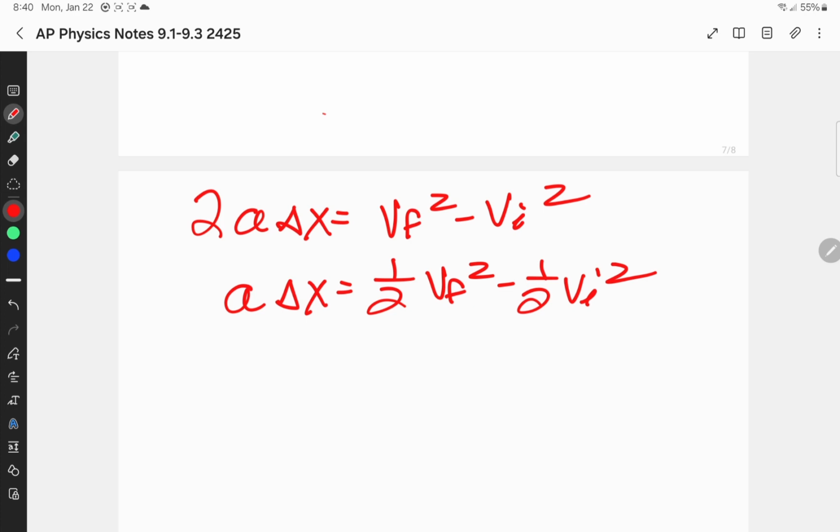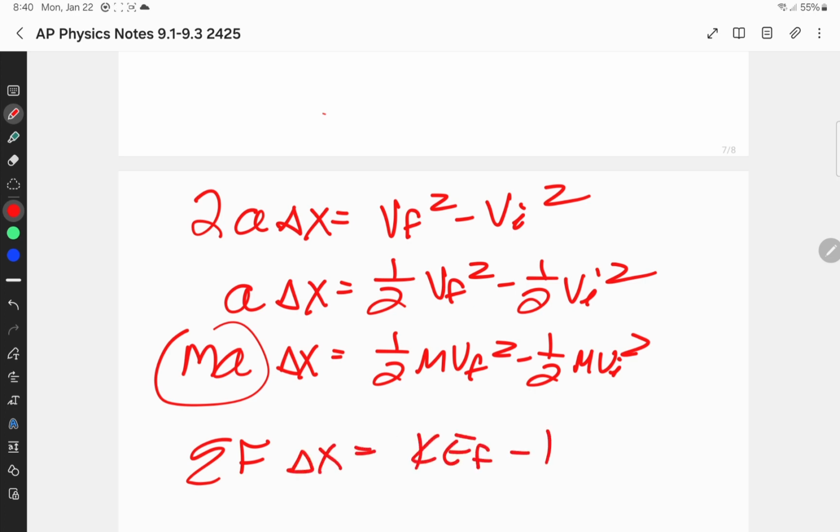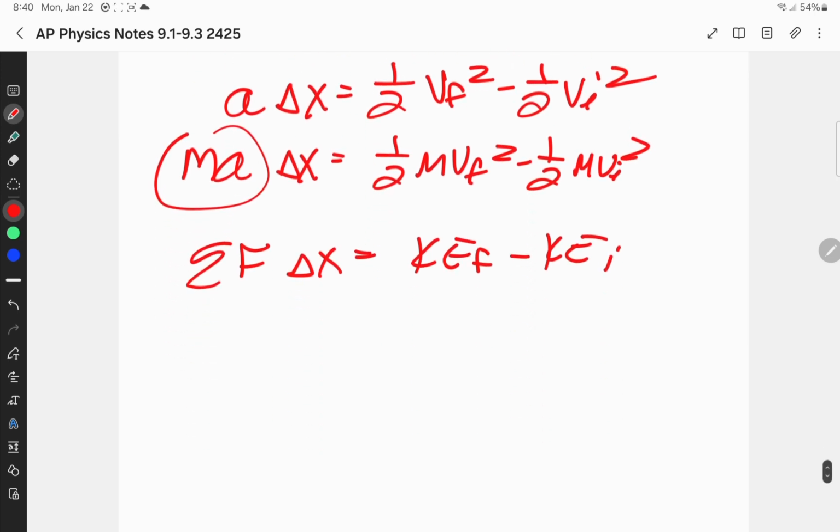And now what I'm going to do is I'm going to multiply both sides by mass. So I get mass times acceleration times displacement equals 1/2 mvf squared minus 1/2 mvi squared. Oh, well, this is net force times displacement equals KE final minus KE initial. Ho-ho, look what we just did. We just discovered the work kinetic energy theorem.